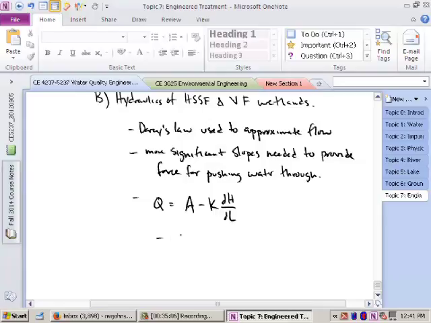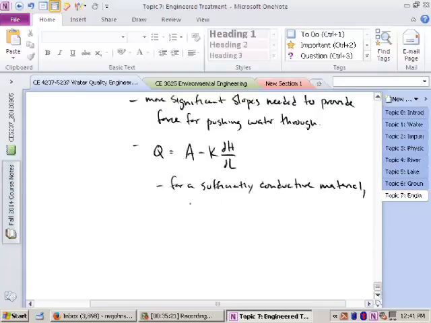And for a sufficiently conductive material, we'd like to have the design such that dH/dL is approximately equal to the slope.